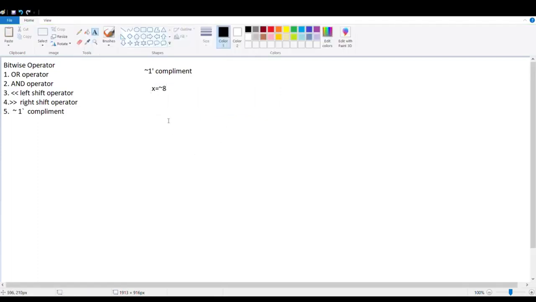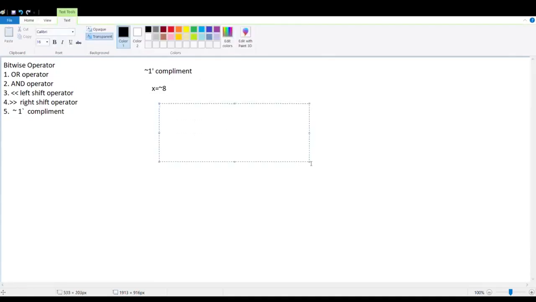Now, how do we represent it in the binary number system? This operator will make all the on bits off and off bits on. So the output will be 0 1 1 1. So the value of x will be 0 1 1 1 in the binary system. After converting into the decimal system, it will be 7. The value of x will be 7.